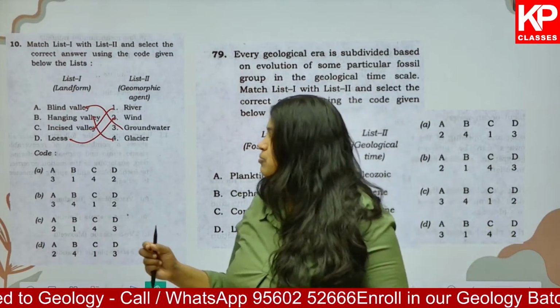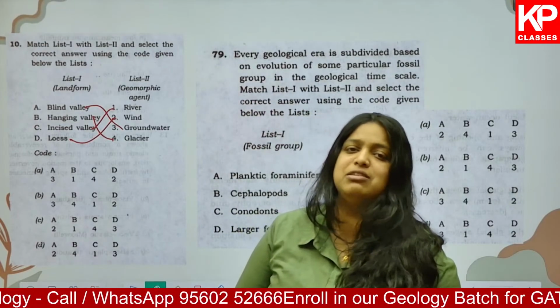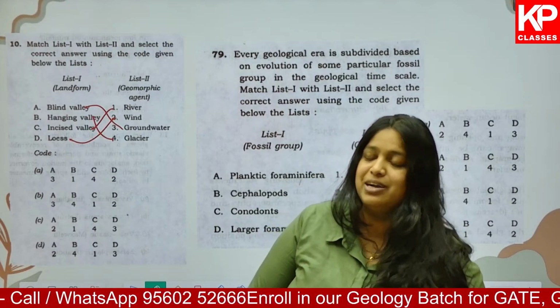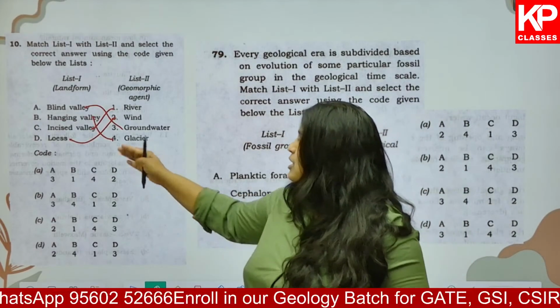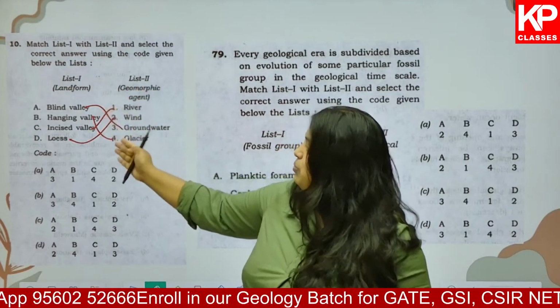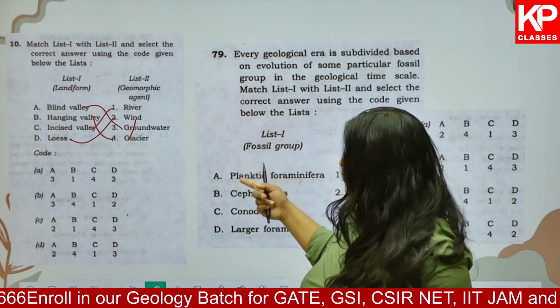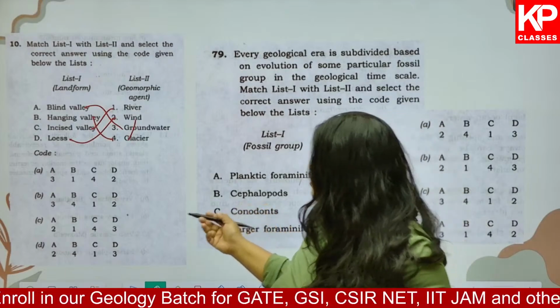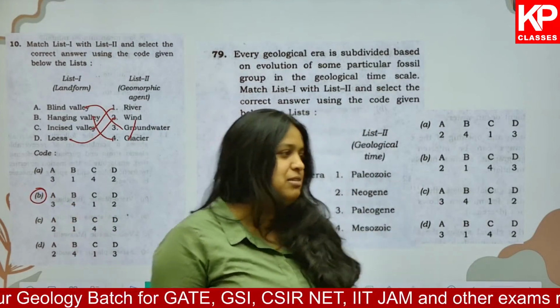That's the only term which is not a very common geomorphic terminology. Everything else is a very common part of graduation, the BSc, where we look into the same terminologies. So this is a very easy question. A will be 3, B 4, C 1, and the answer will be B. Good, your answer is correct.